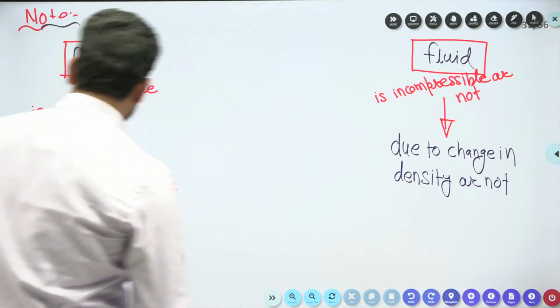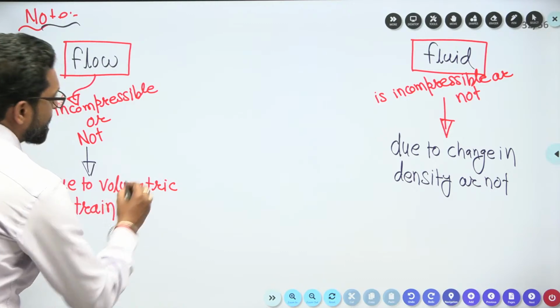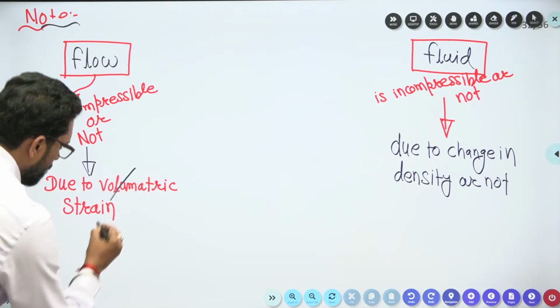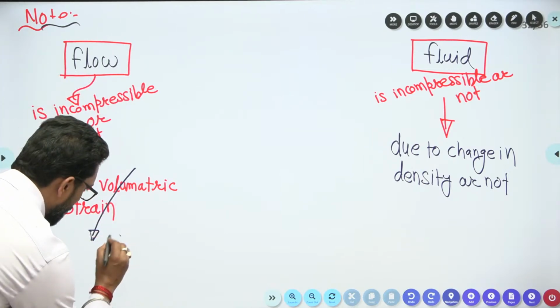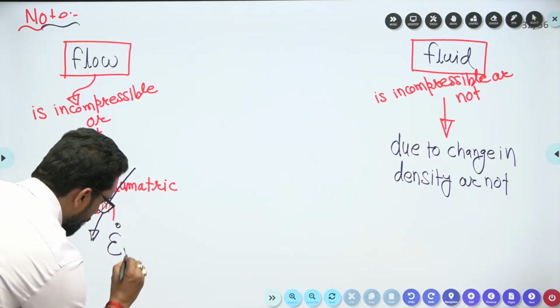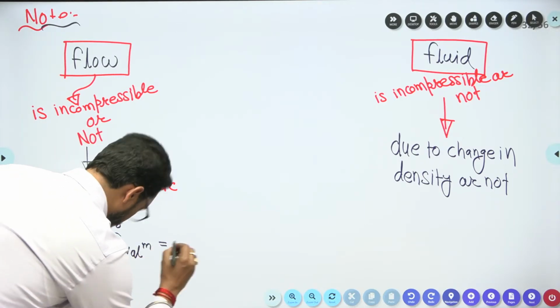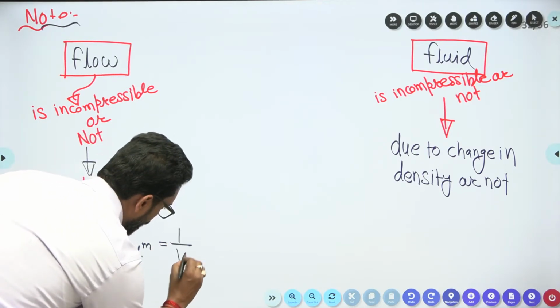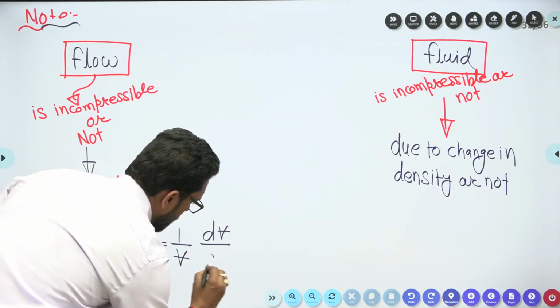Right. What is the volumetric strain? That means rate of volumetric strain. Rate of volumetric strain is what? You know that? 1 by V dV by dt.